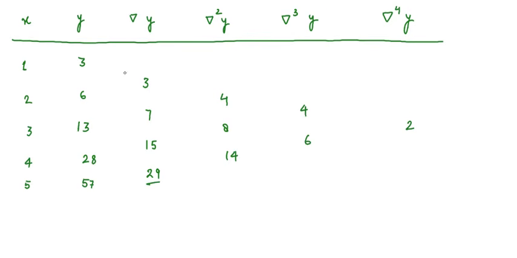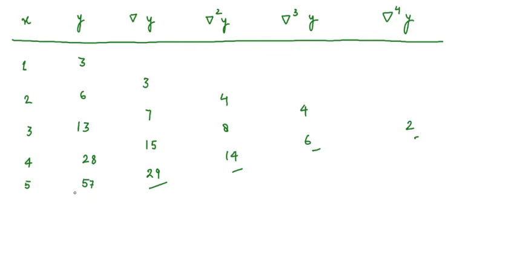We use the final row only here. We have yn as 57, nabla yn is 29, nabla square yn is 14, nabla cube yn is 6 and nabla 4 yn is 2.